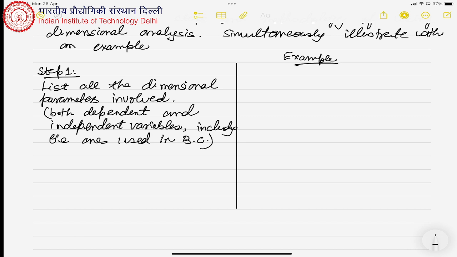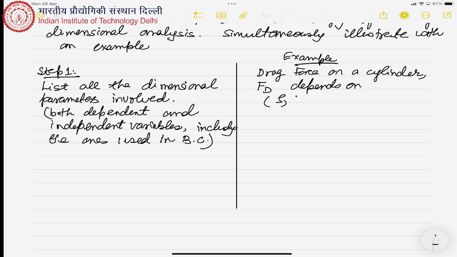So suppose it is given to us that drag force on a cylinder, let us say FD, depends on the density of the fluid, the velocity with which the cylinder is moving, the diameter of the cylinder, and the viscosity of the fluid.